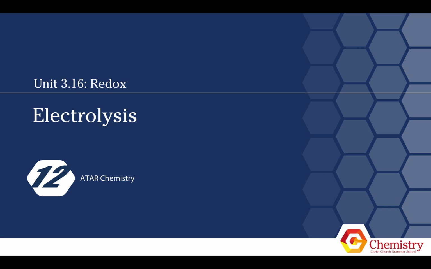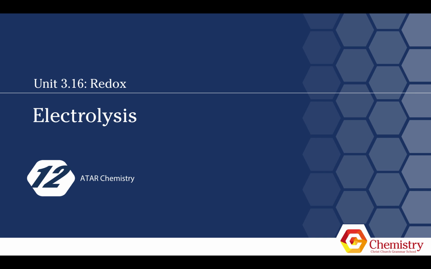So things like aluminium, things like sodium, all of the alkali metals essentially, which are very strong reductants. You can actually force those reactions back in the non-spontaneous direction to obtain usually the pure metal.